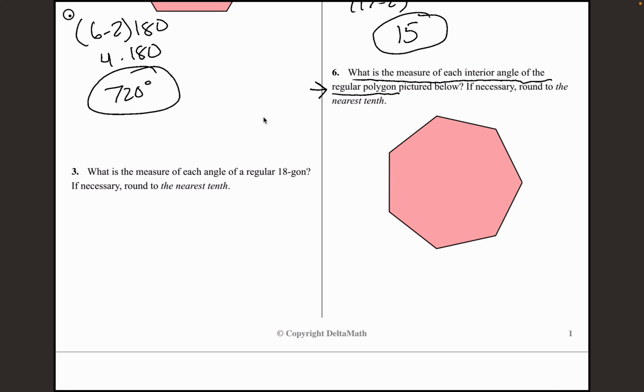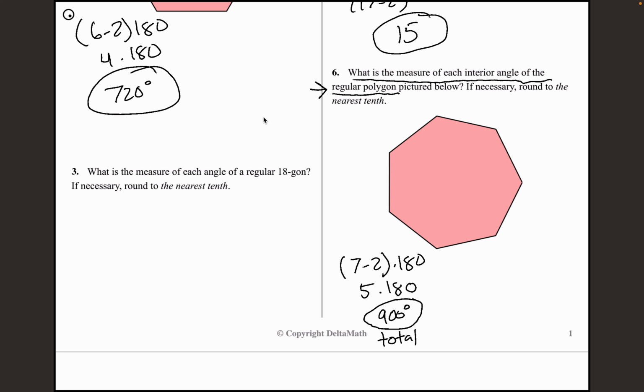This one has 7. So we need to find the total sum first. So I'm going to do 7 minus 2 times 180. And we have 5 times 180. Okay, and what is 5 times 180? 900. Okay, this is the total.